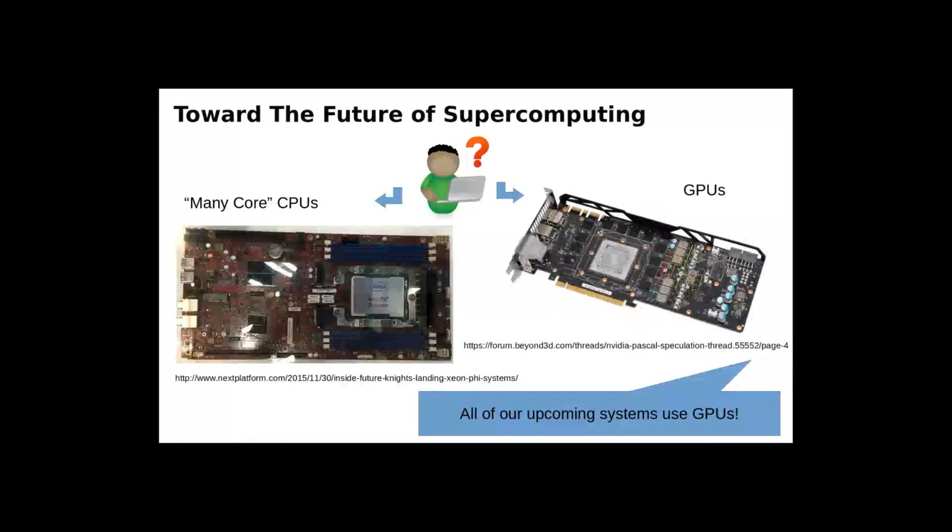When I entered this field some number of years ago, there was an ongoing debate as to whether the future of supercomputing would focus on many core CPU-based architectures or on architectures based on GPUs or other kinds of computational accelerators. While the jury is still out in some sense, all of our upcoming systems will use GPUs. So there'll be hot nodes, nodes with powerful CPUs that drive even more powerful GPUs as computational accelerators.